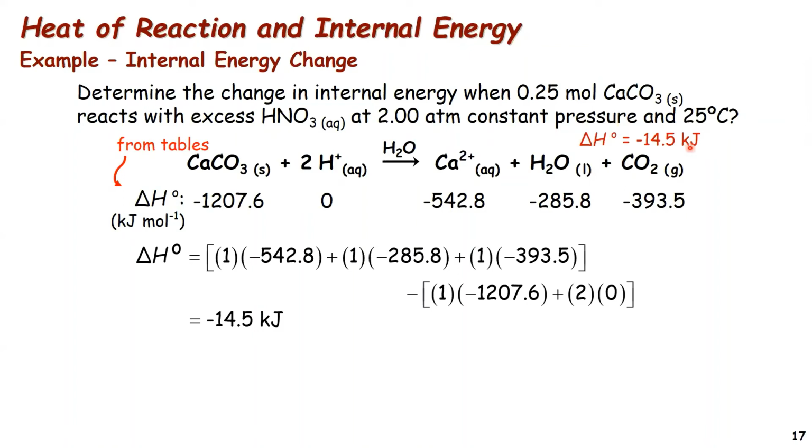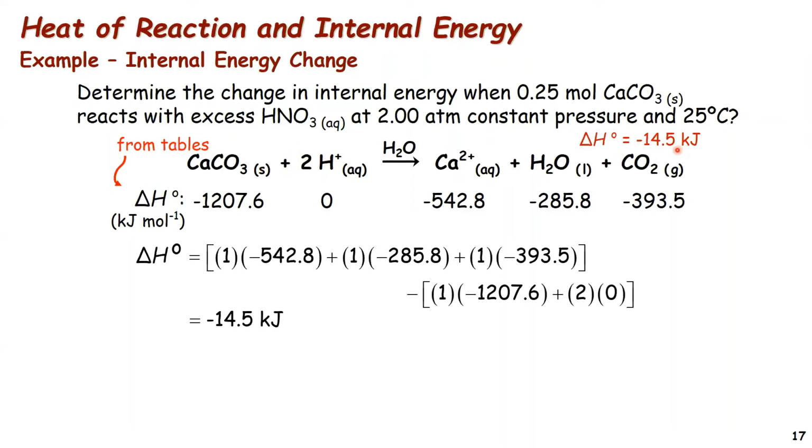What that allows us to do is relate this amount of energy to each of the reactants and or products. So in other words, when I react 1 mole of calcium carbonate, it's going to release 14.5 kilojoules of energy if the acid was in excess. If I reacted excess calcium carbonate with 2 moles of the acid, it would release twice as much.